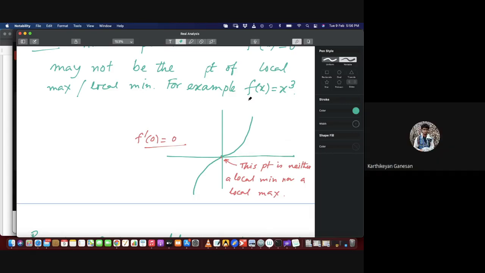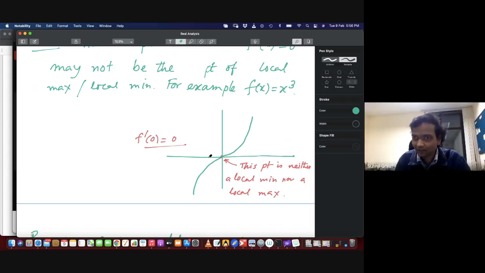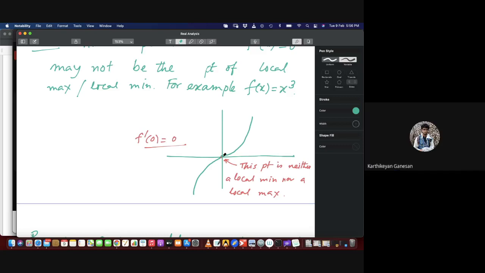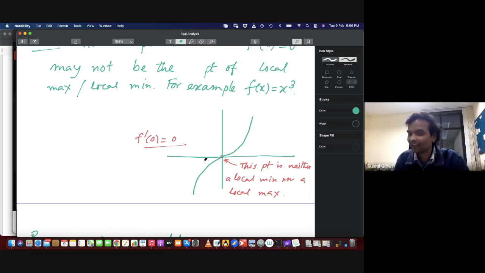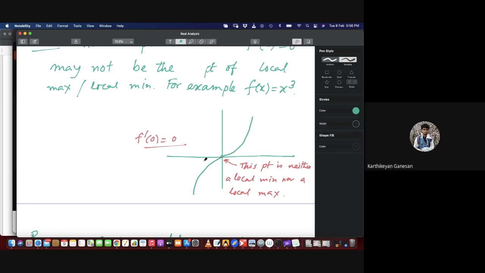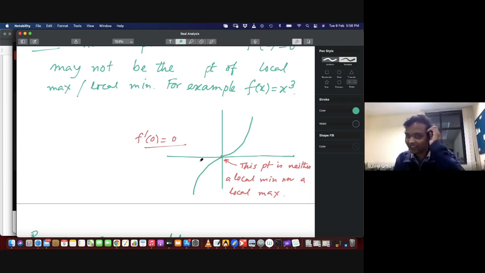From this side it is tangent, so it is not crossing as such. It is going tangentially like this, and coming tangentially from this side also. That's why you'll get this as the tangent.